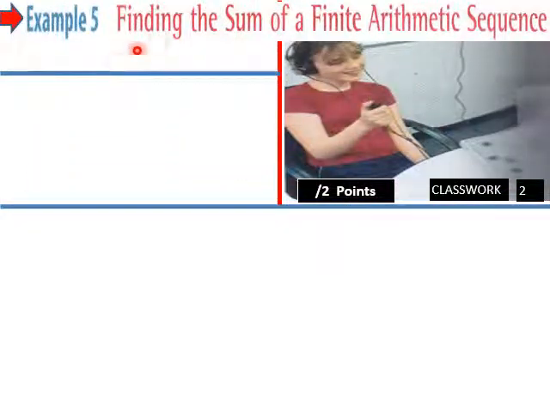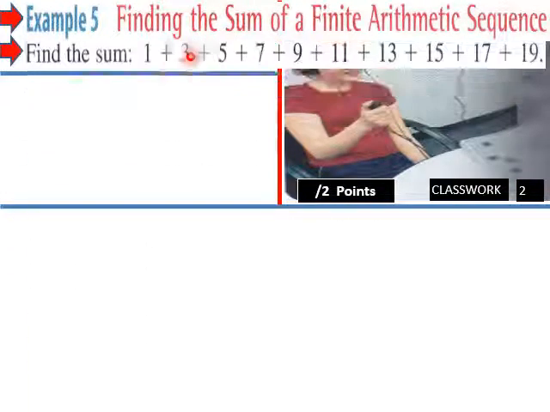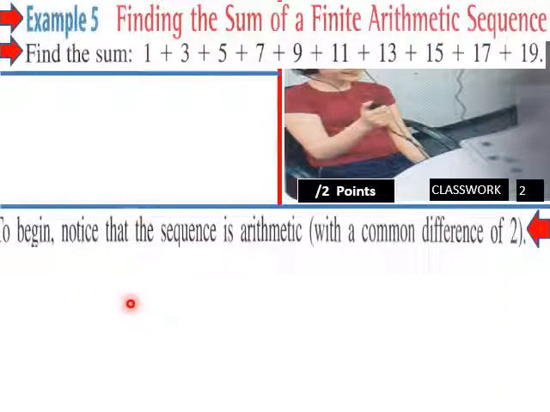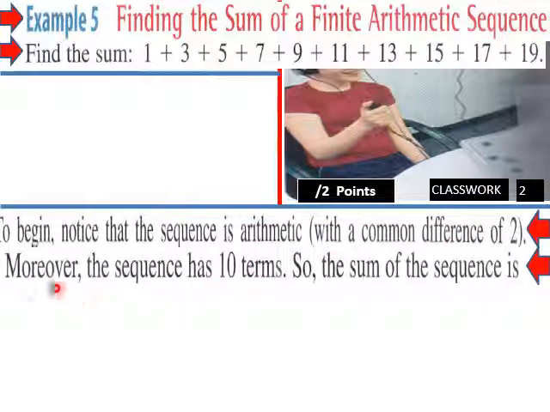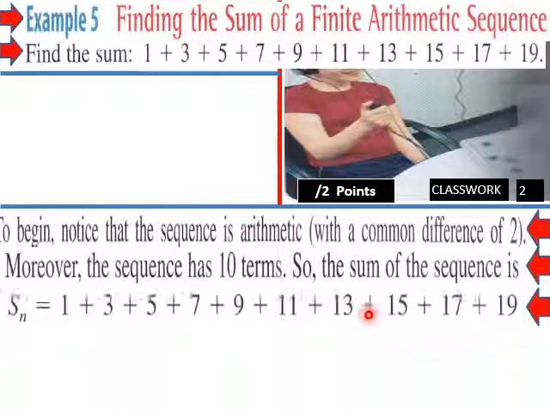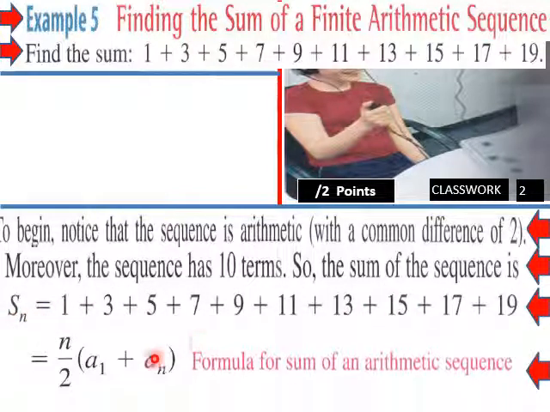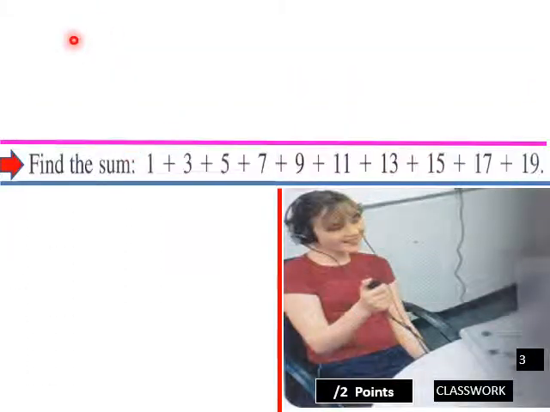Let's try it now. Example 5, finding the sum of a finite arithmetic sequence. Here's your sum. To begin, notice that the sequence is arithmetic with a common difference of 2. Moreover, the sequence has 10 terms, so the sum of the sequence, Sn, would be n over 2 times a1 plus an, the formula for the sum of an arithmetic sequence.